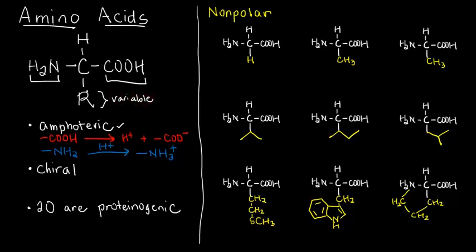Assuming that the variable group here is not the same as any of the three other substituents here on top, then all four are different, and that would make the central carbon chiral. Remember, when we have chirality, it will give rise to isomers. Do you remember in carbohydrates when we discussed the D and the L isomers? So we have the D isomers and the L isomers.